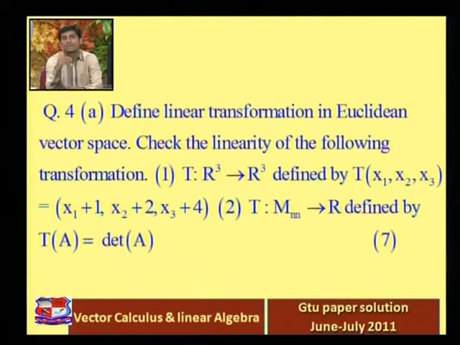But if you want to prove that the given transformation is linear, you have to take a general example. You cannot take a particular example, because for some particular example the conditions are satisfied, but for other examples they may not be satisfied.